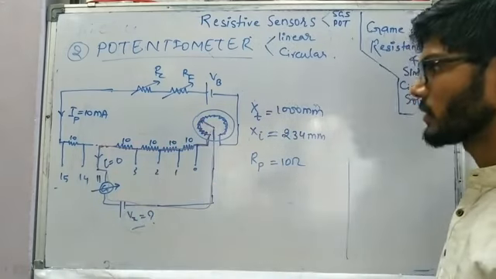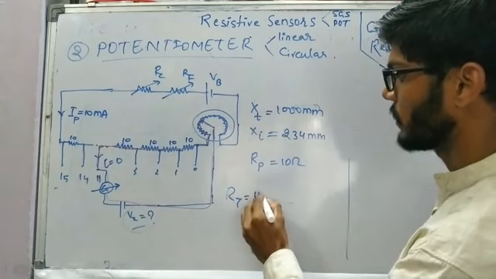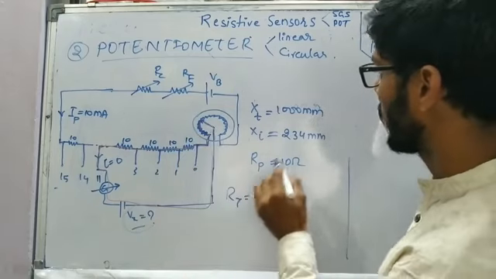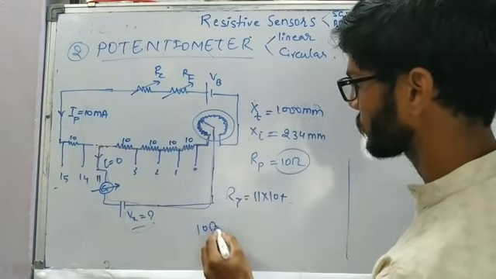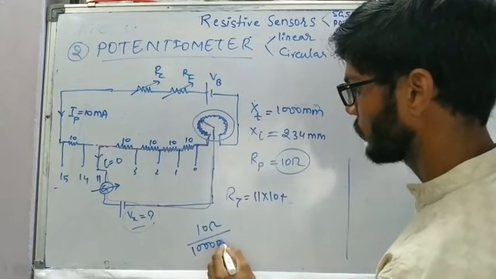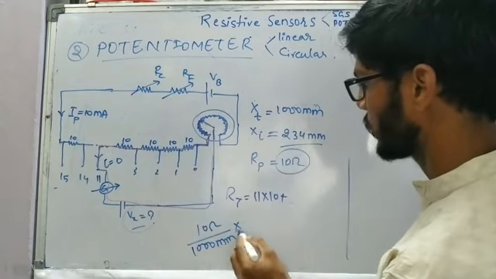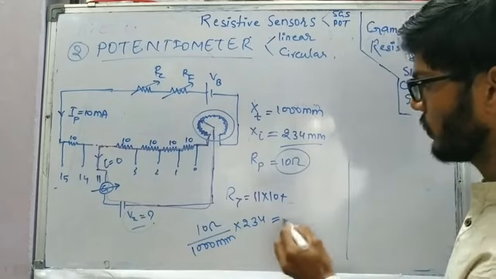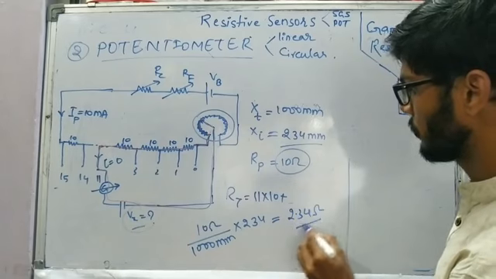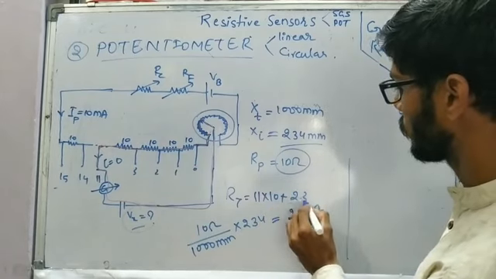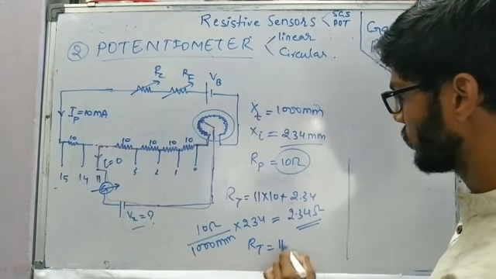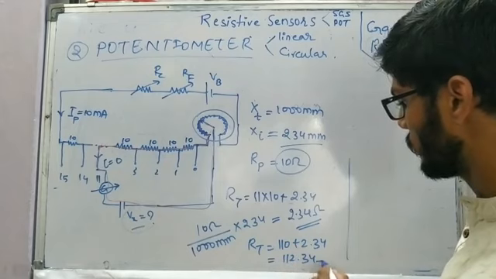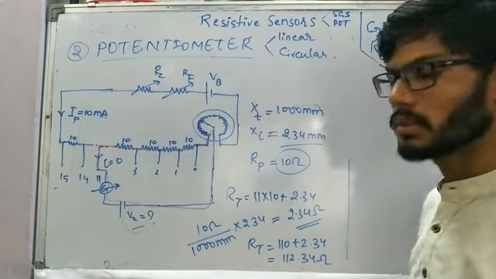So the total resistance is going to come out as 11 into 10 plus the resistance of potentiometer, as it is having 10 ohm resistance for 1000 mm, and resistance for 234 mm will be 10 by 1000 into 234, so 2.34 ohm. So 11 into 10 plus 2.34, so 110 plus 2.34, 112.34 ohm will be the total resistance faced by this voltage.